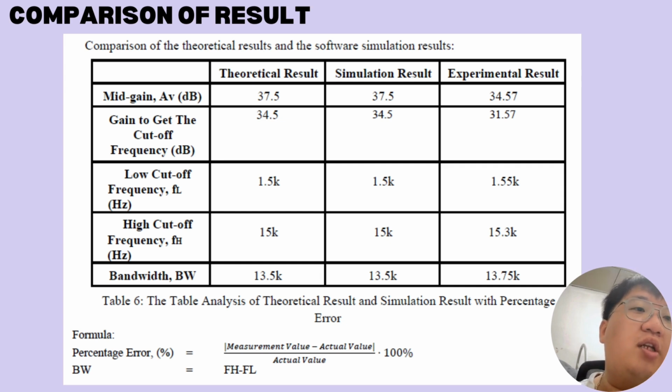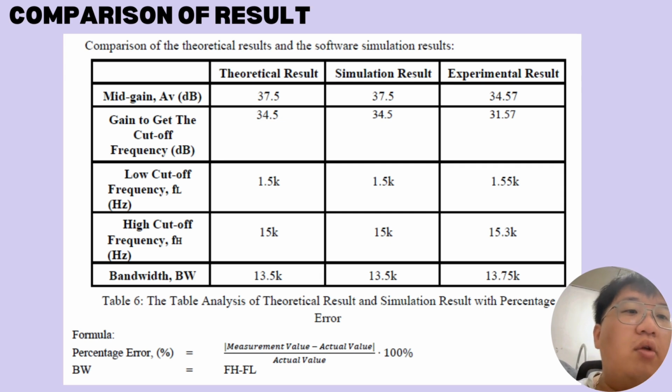So for the theoretical result, the mid gain value is 37.5, and then the gain to get the cutoff frequency is 34.5, which is already minus 3. So for the low cutoff frequency in the theoretical way, it is 1.5K, and then the high cutoff is 15K.